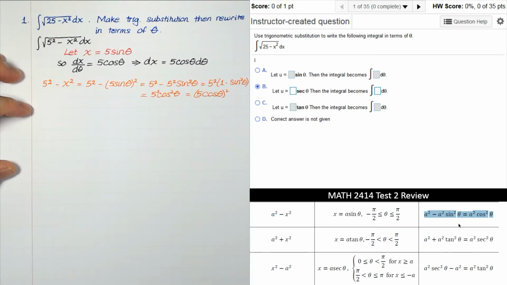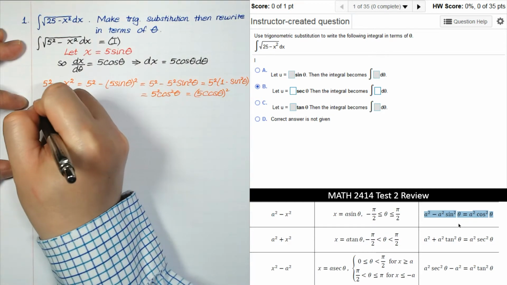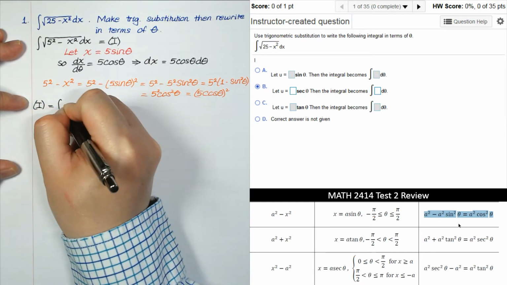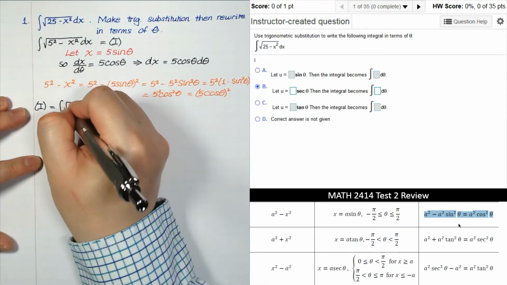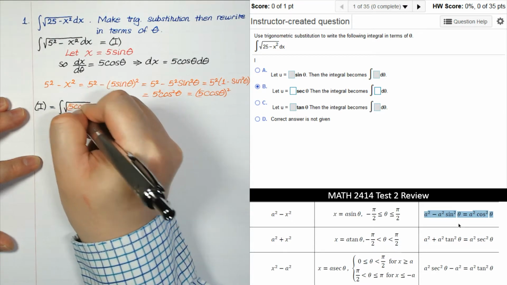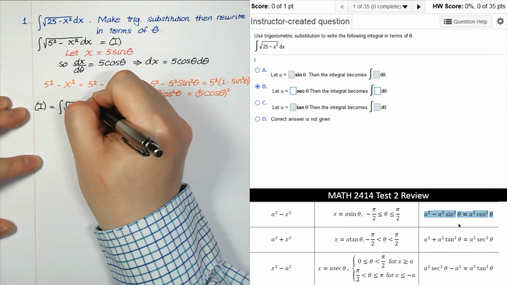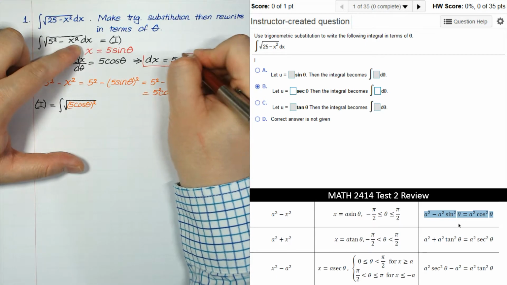All right. Now substitute back into the integral. 25 minus x squared is this, (5 cosine theta) squared. dx is this.